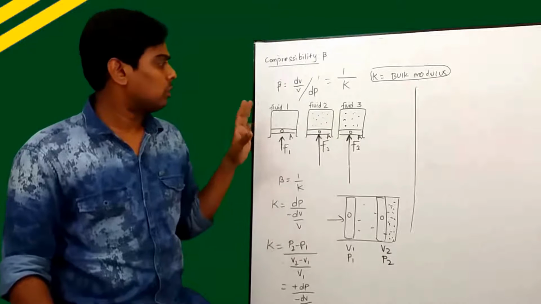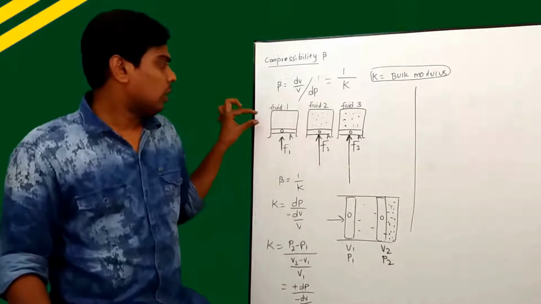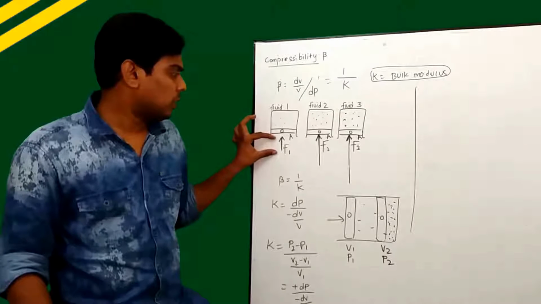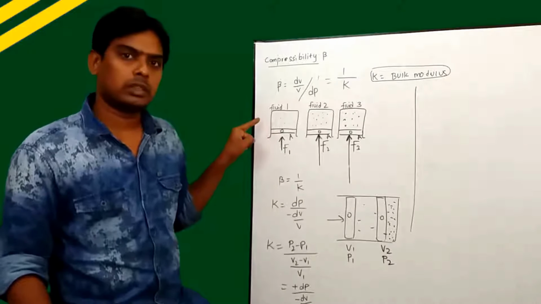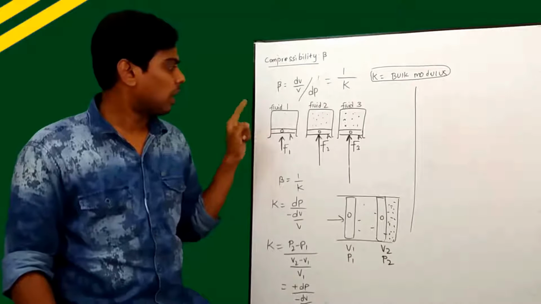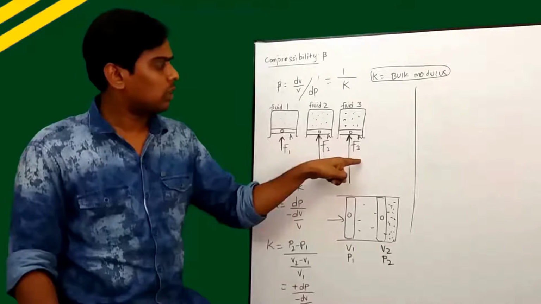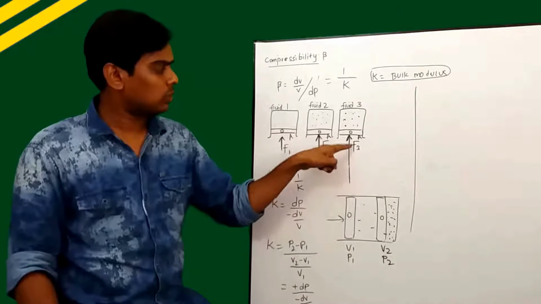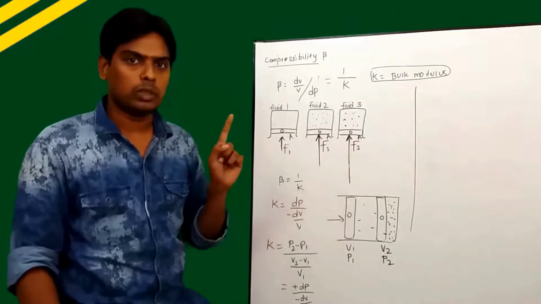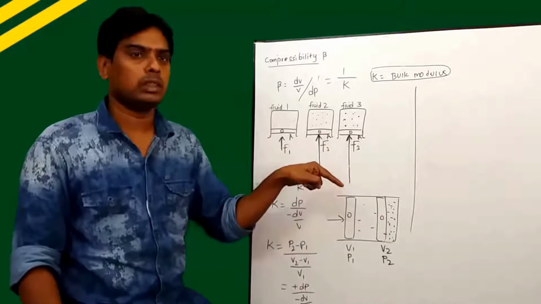According to our observation, we require very little force in the first case. So it is easily compressible. It has the highest compressibility. Whereas if you see the last one, it requires the highest force to change unit volume. So it has the lowest compressibility.